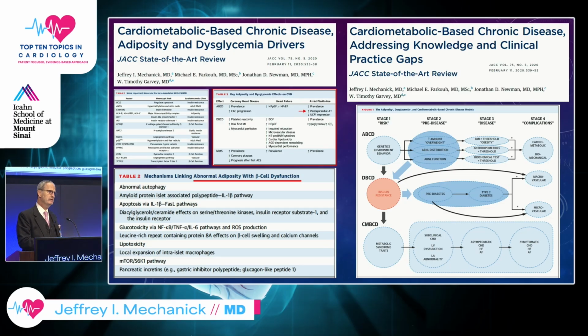What we've done is we've built up models. Instead of saying obesity, which is stigmatizing, we use it in terms of abnormal adiposity, which incorporates ectopic fat and an abnormal adipocyte secretome, and adiposity-based chronic disease, actually been adopted by the Europeans as part of their guidelines.